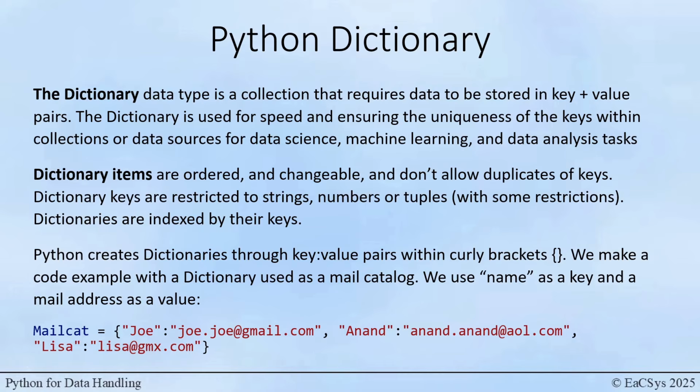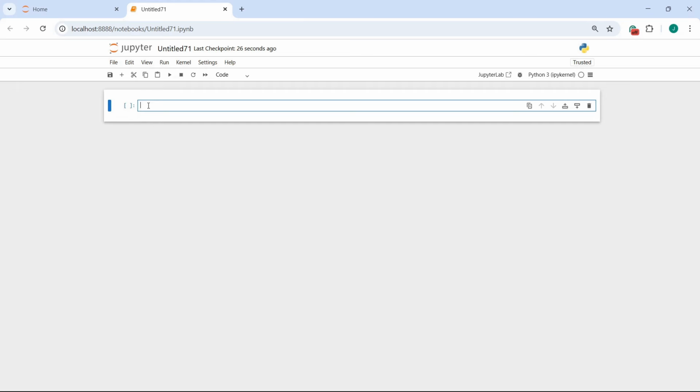Now we'll type some Python dictionary code. So let's start up your code editors. All right, having started our code editors, we will type some Python dictionary code. And we will start by typing the string object mail catalog code example from the PowerPoint.